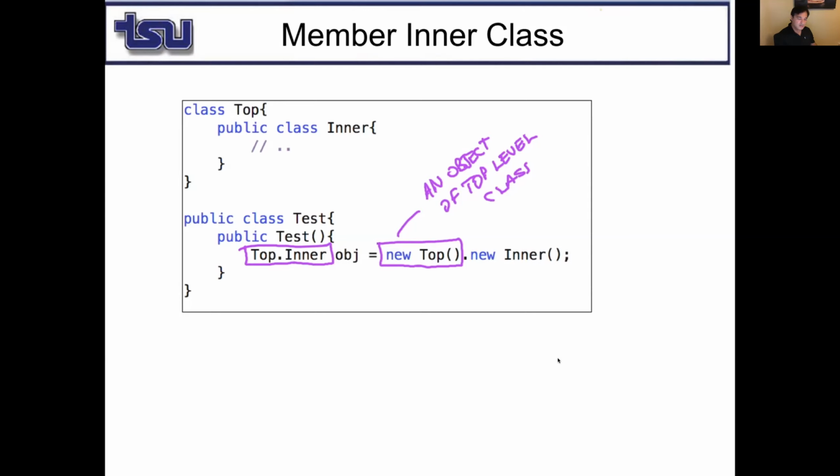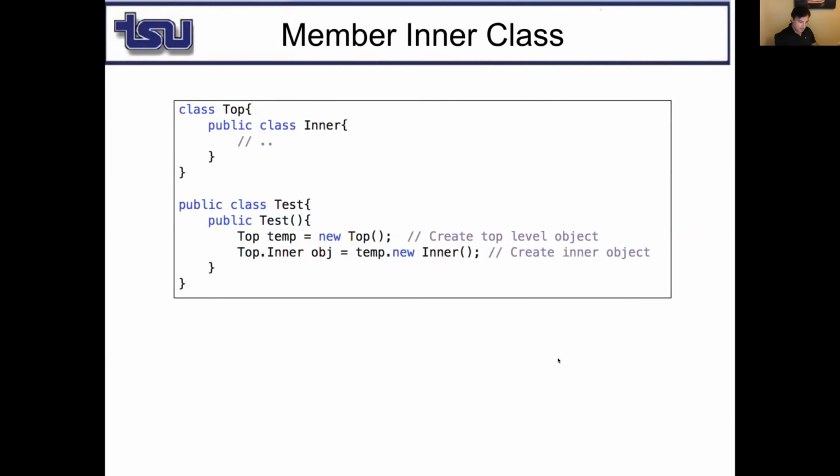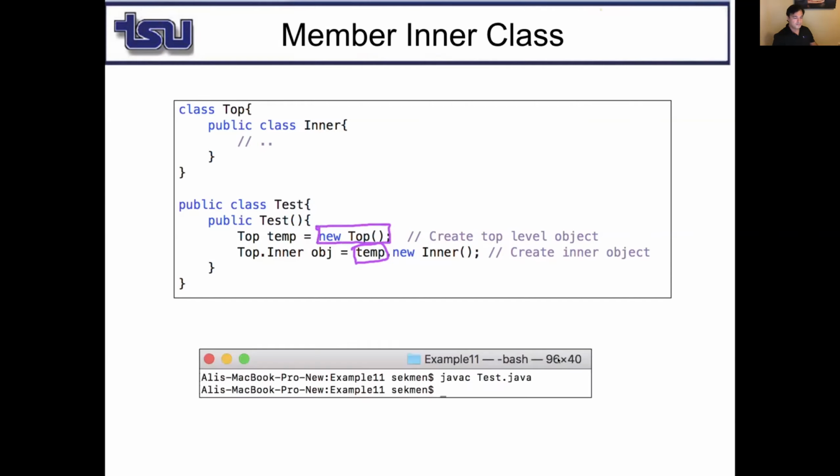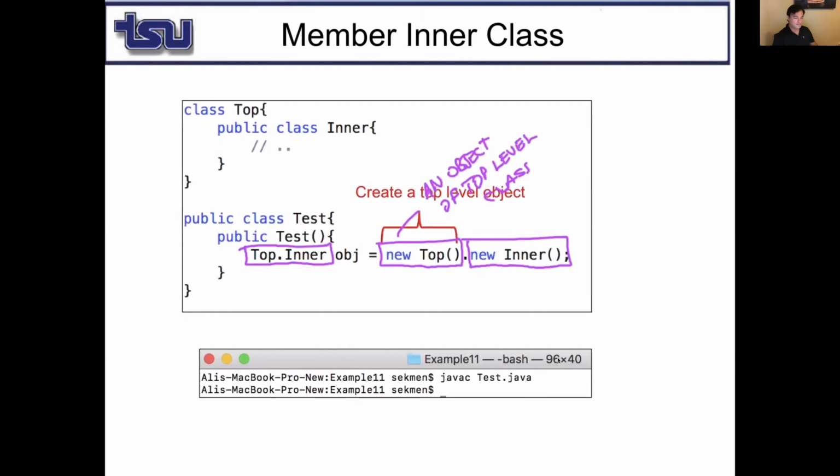So I'm just going to create an object of the top level class without a name, and then via that object, create an object of the inner class. Similar to this: first I have temp, and then temp.new inner class. But since I'm not going to use temp anywhere, I just replace temp with this one. Okay. This is what you do. First, create a top level object, and then make a call, and then use the new keyword to create an inner class object.